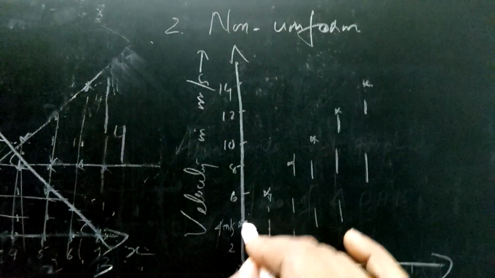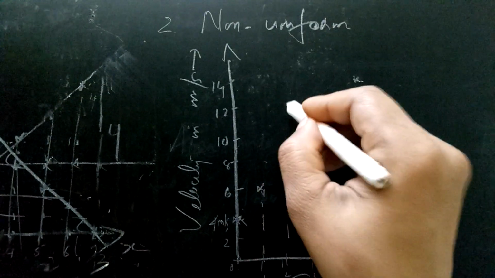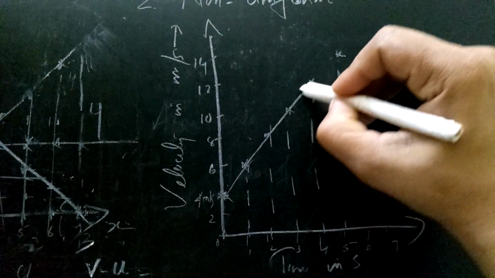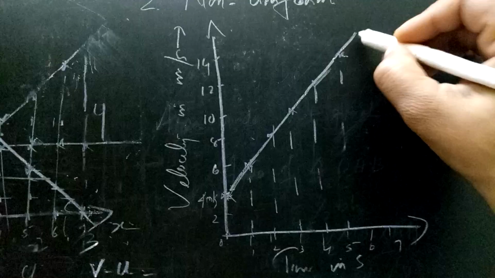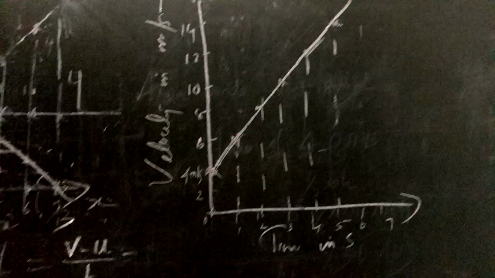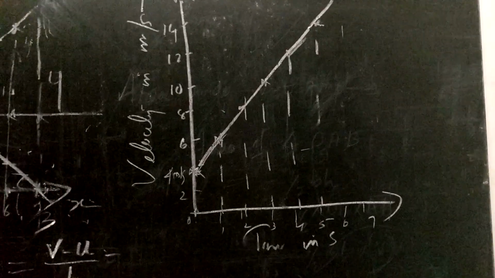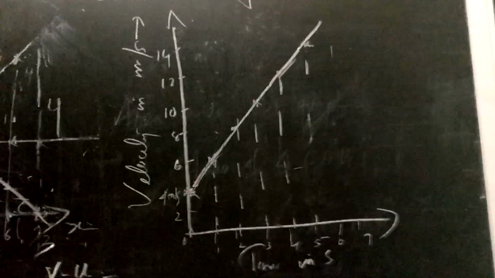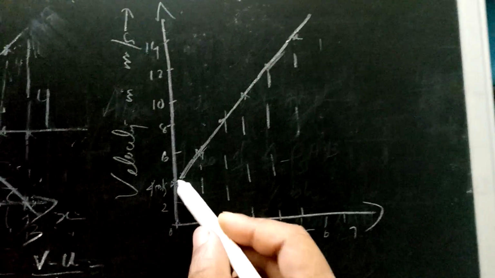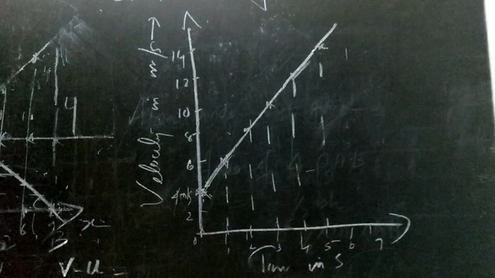Otherwise, if after 4 it is 8, it should be 12, likewise. That means its velocity increases uniformly. That is also a straight line with a constant slope. Here also you can calculate the slope of the velocity time graph and you will get acceleration, which is constant and positive. But the difference is that initially it is not at rest, and all other things are the same.